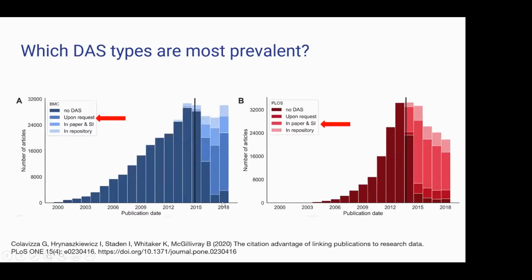But if you look at various studies, like this one that Ian was a co-author on, you can see that those DAS that aren't linking to data in repositories are the most common type. On BMC journals in this study, it was data available on request DAS types. At PLOS, it was data being shared in SI.